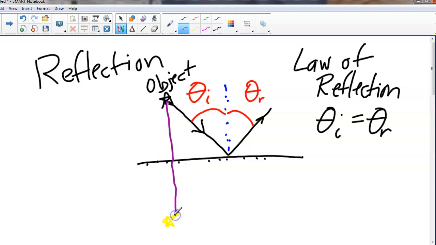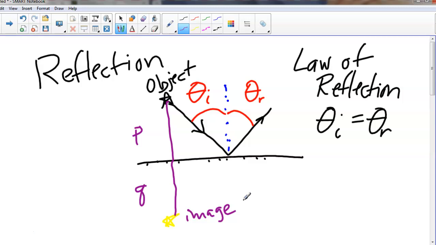That object is directly behind the mirror at the same distance away, even though my drawing is not that great. So p is the object distance, q is the image distance, and you experience this every day when you look in the mirror. You look to be directly behind the mirror. Okay, so that's one thing to remember about reflection.